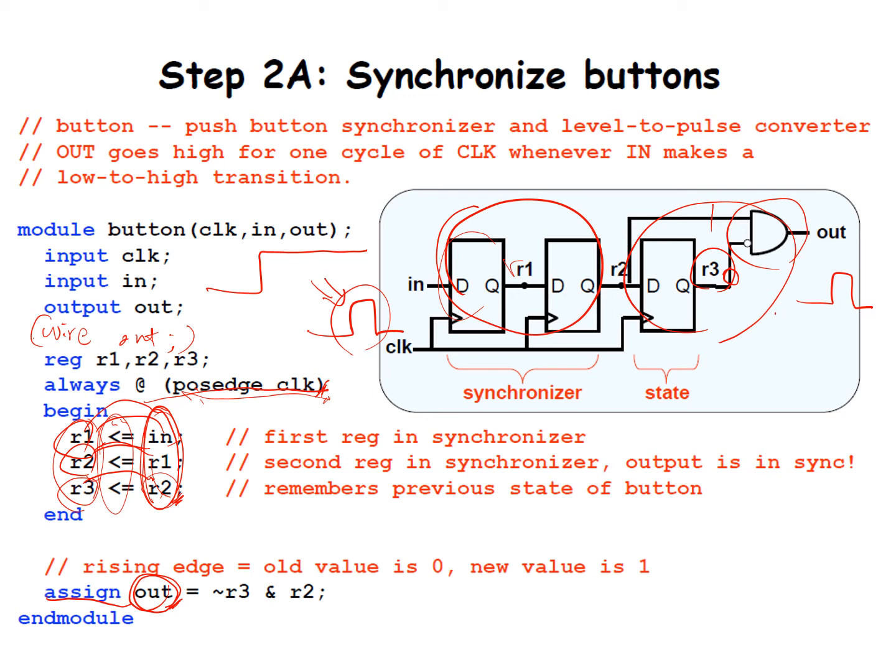By default, any variable we define on the input and output will be defined as wire. Okay, so we describe the output. This button module receives the clock and input and generates the pulse output, right? This output will be received by the final state machine and do some processing.